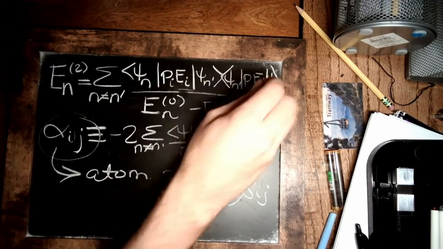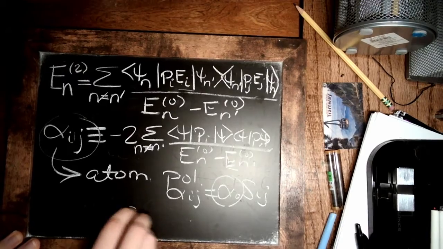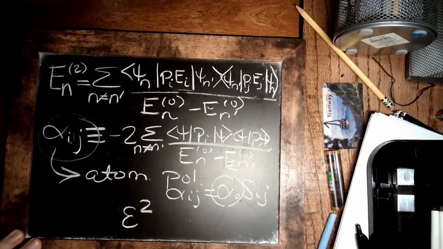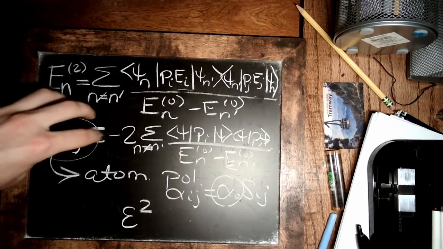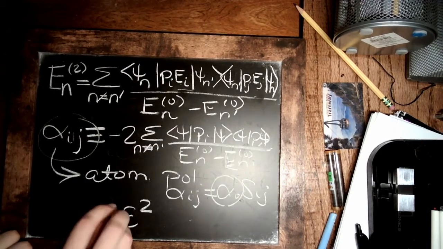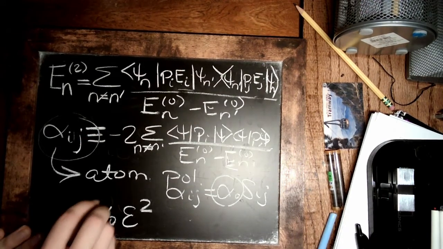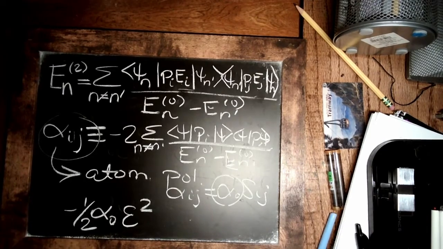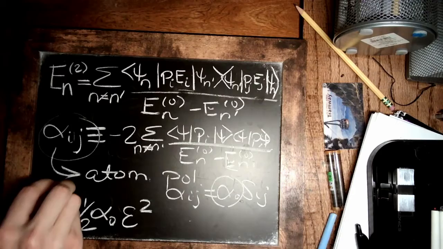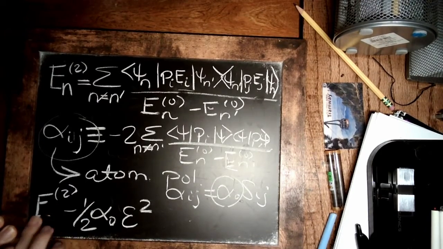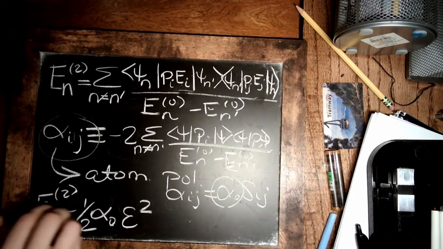So it'll just be the magnitude squared that pops out. We'll have this factor alpha exactly one time, and we'll just call it alpha_0. And because of the factor 2 in the definition, there's actually a minus 1/2 hanging around. That's actually the answer. This is the second order correction to any of the states.